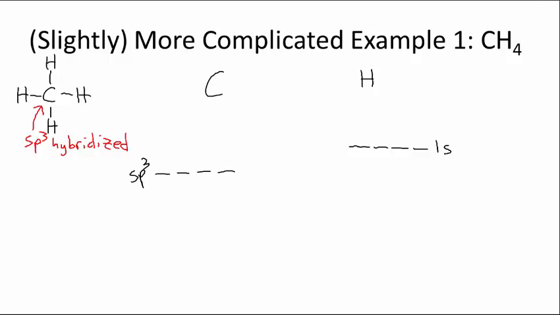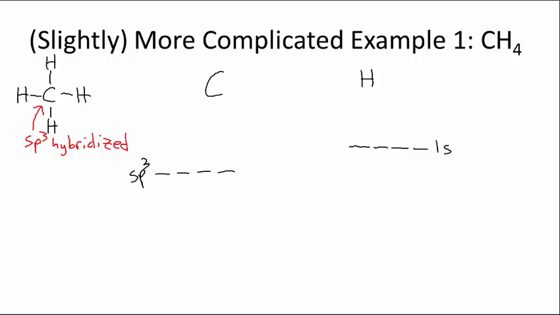More electronegative atoms will have lower energy orbitals. Less electronegative atoms will have higher energy orbitals. I'll talk more about that in a minute. But for our purposes at this point, it doesn't necessarily matter exactly what height we draw those two at.